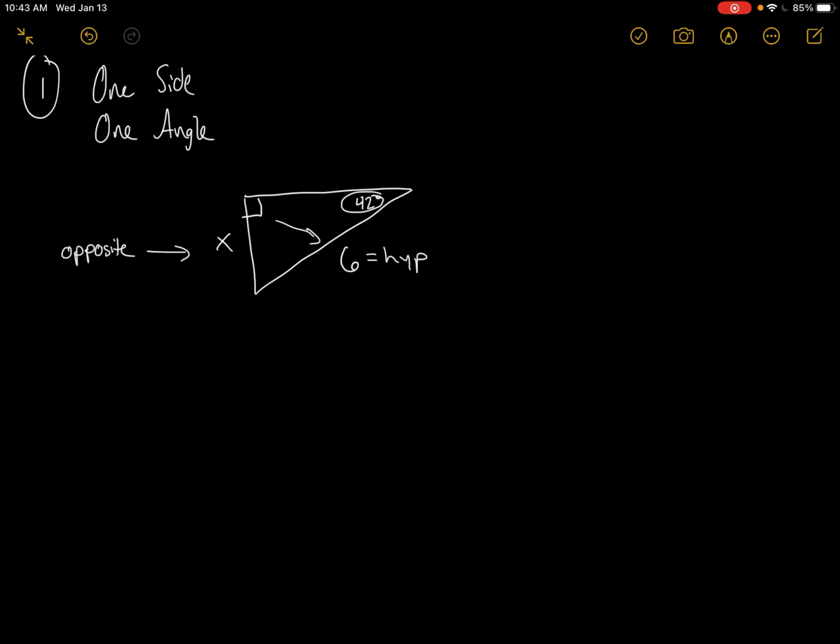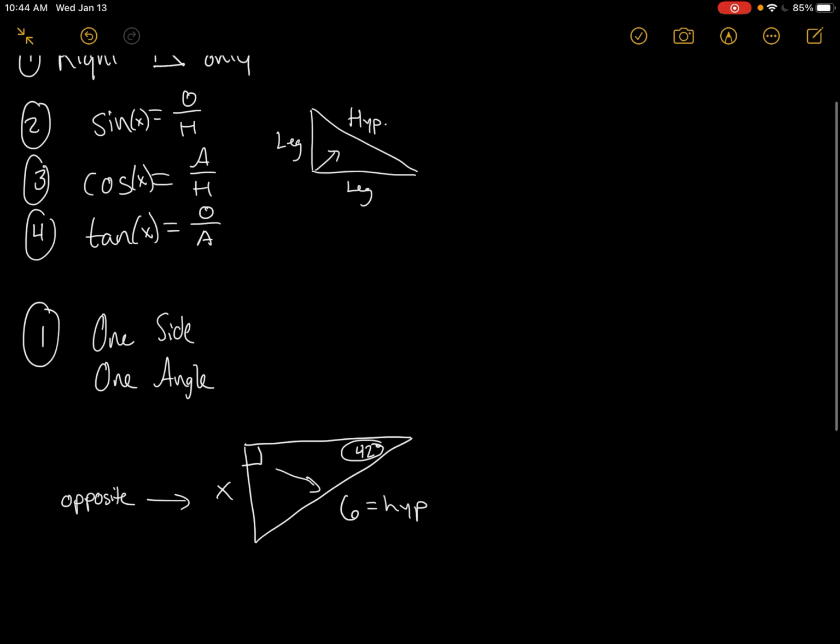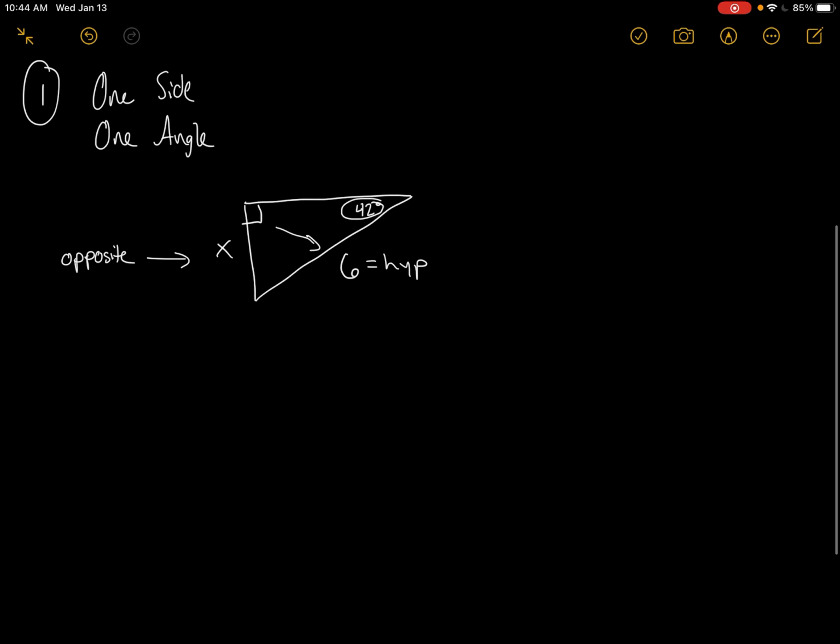So we know that some function of 42 gives us opposite over hypotenuse. Well, what is opposite over hypotenuse? That's sine. So the sine of 42 degrees gives us our opposite over our hypotenuse, which is 6 here. Jump over to the calculator, go to sine, type in 42.